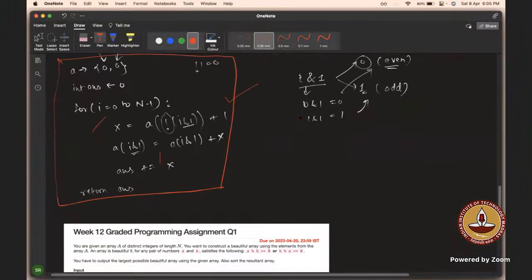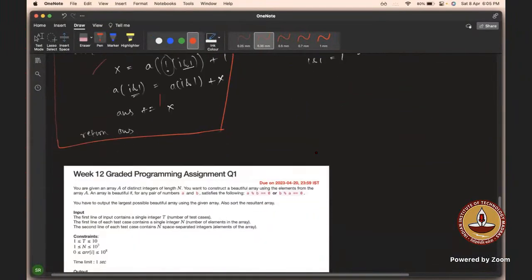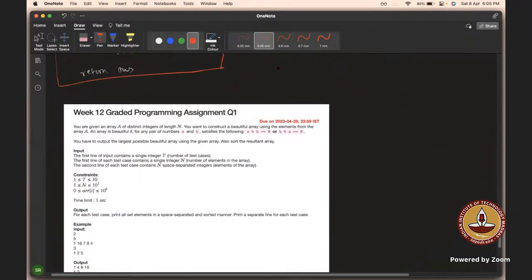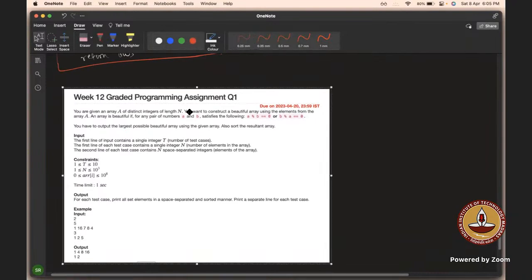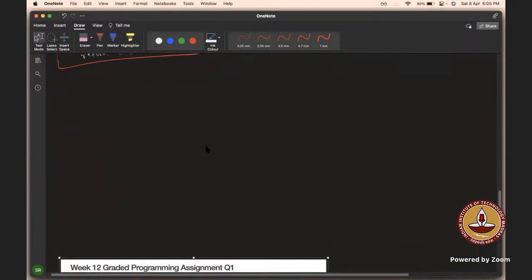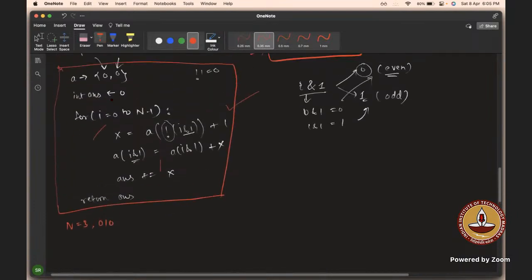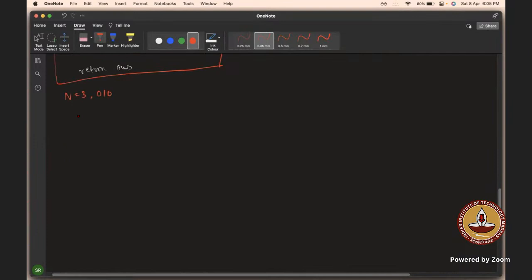Let's, you know what, let's dry run this and see what is actually happening for these inputs. Okay, now let's take our input n equals 3. That is, we are given 0, 1, 0. Let's initialize our A to 0 and 0, right?